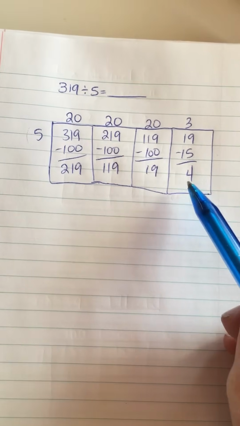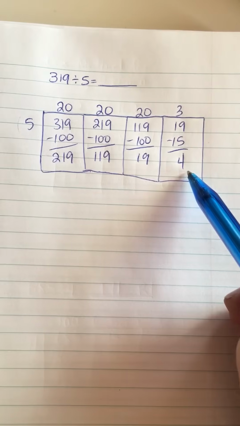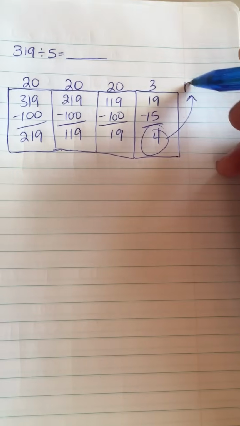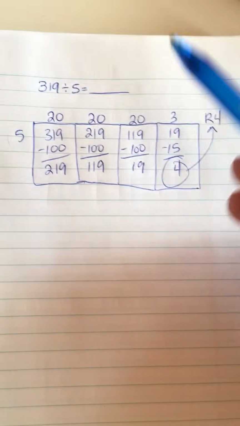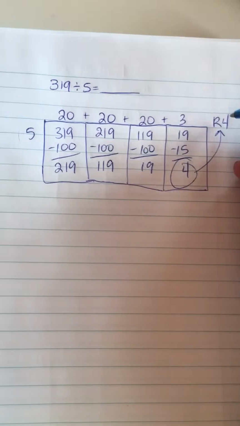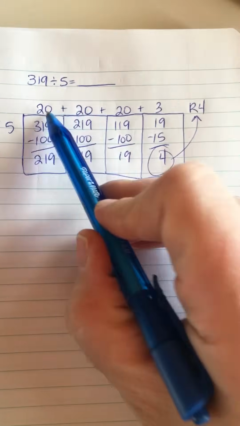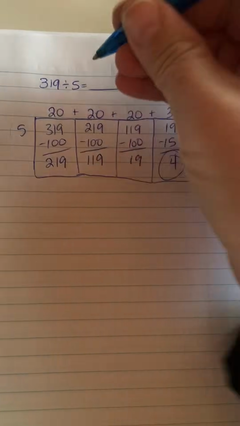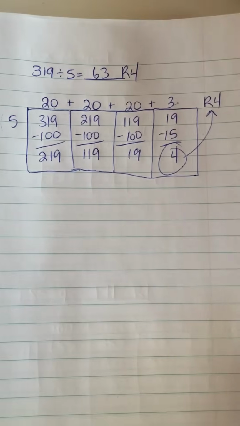Now, can we take away any more groups of 5 from this 4? No, we can't. So this 4 becomes our remainder, and our quotient is 20 plus 20 plus 20 plus 3 with the remainder 4. So 20, 40, 60, 63, remainder 4 is the quotient of 319 divided by 5.